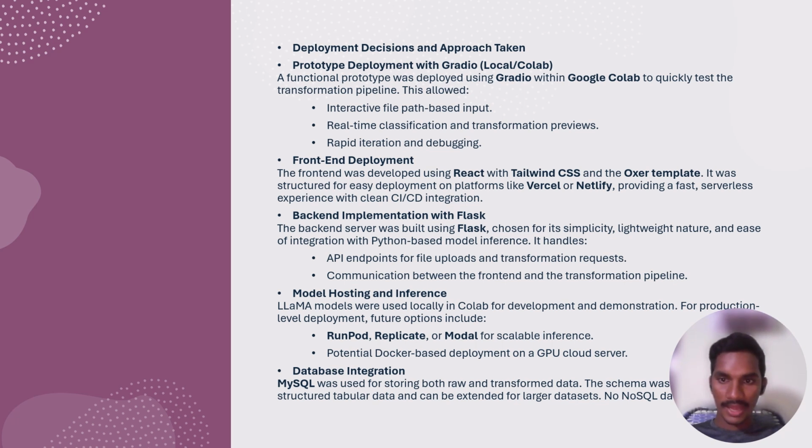Model hosting and inference: we have not hosted a model yet, but the Llama models were run locally in Colab for development and demonstration. Database integration: MySQL was used for storing both the raw and transformed data, and after the update, the database will be updated.